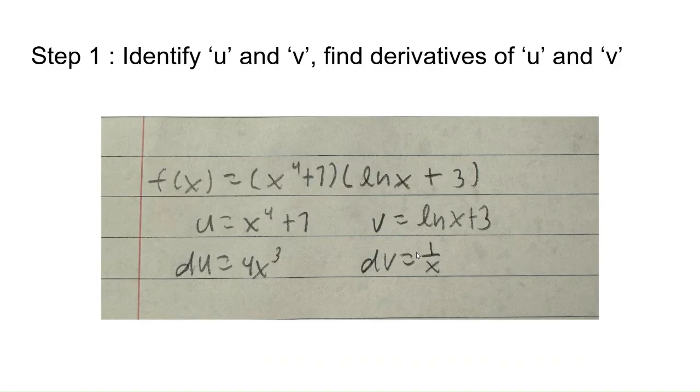So our u for this particular equation would be x to the power of 4 plus 7, and then using the power rule to find the derivative of that, or du, it would be 4x to the power of 3. And then our second factor, which is v, would be natural log of x plus 3, and finding the derivative of that, we would have 1 over x.